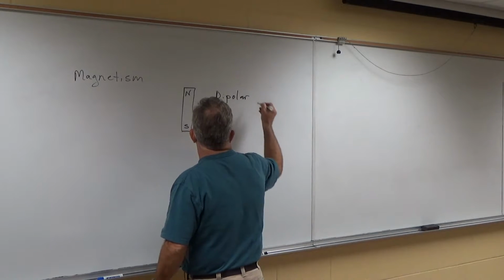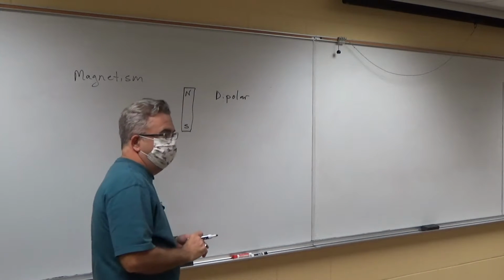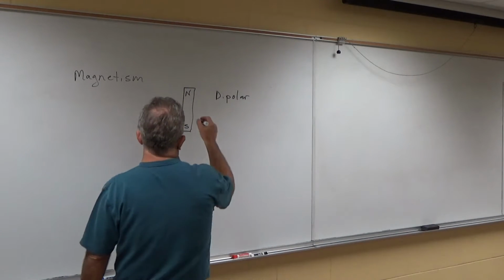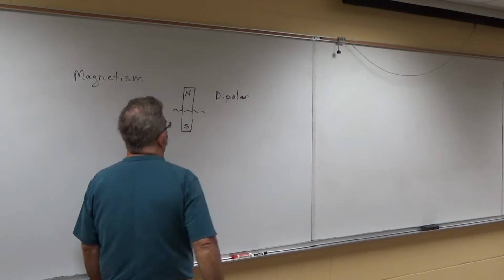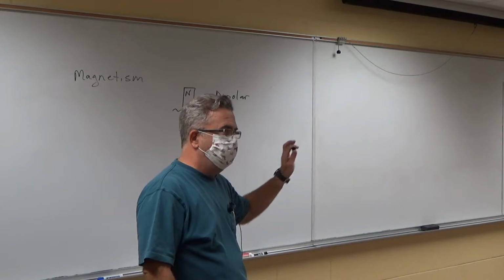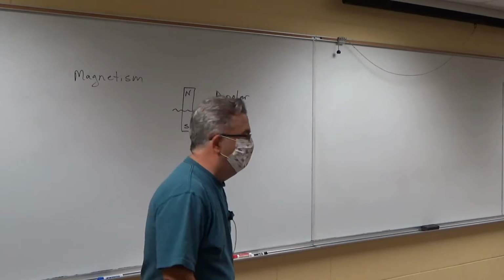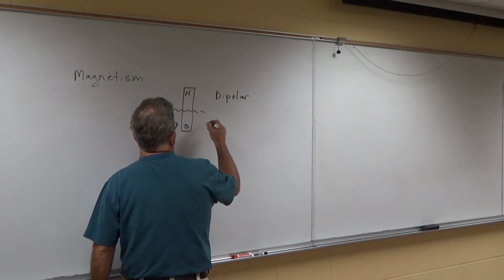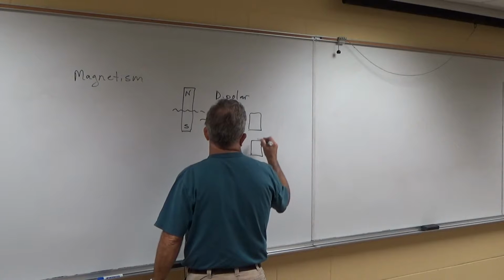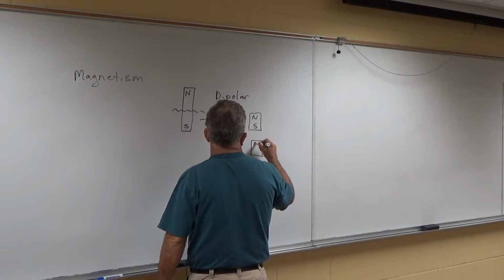One of the very puzzling, interesting things about magnets is that if you cut this magnet in half, you don't get a single north pole and a single south pole. You get this: north-south, north-south.